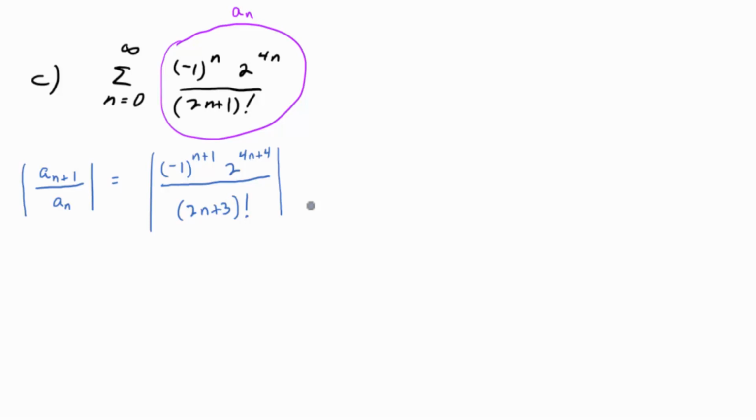All right. Now, oh, I prematurely closed that absolute value because I have to divide by a_n, which is the same as multiplying by the reciprocal. So what do I end up multiplying by? Just flip this guy and multiply, right? That's the same as dividing by that guy. So that means I've got 2n plus 1 factorial on top. What do I have on the bottom?